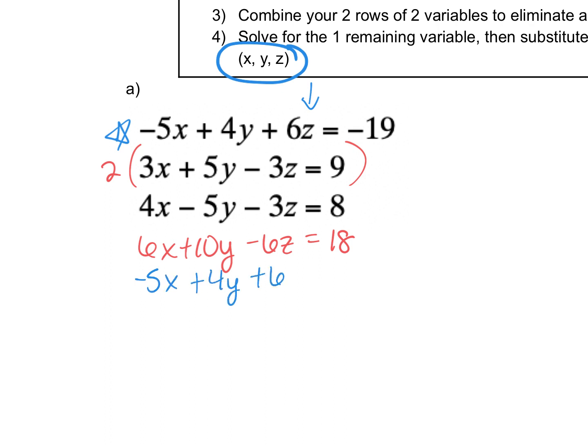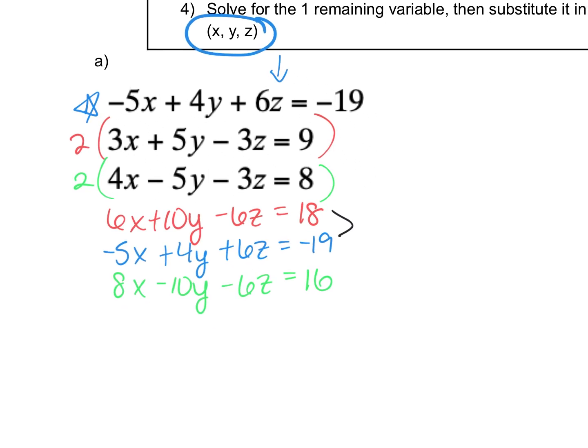I'm just going to copy it exactly because it already cancels. And then the last one, I'm going to have to multiply this by 2 as well. So it'll be 8x minus 10y minus 6z equals 16. Okay, so let's go ahead and combine. So let's combine these two.